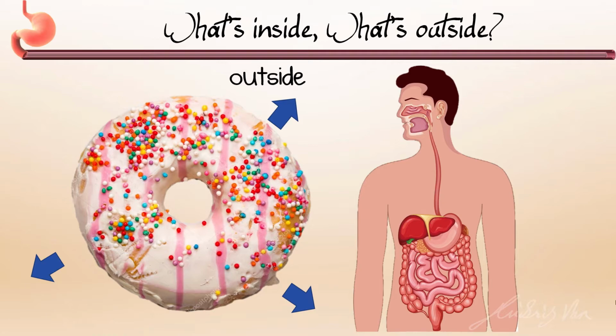The outside on the exterior surface, as well as the outside on the interior. So for the glands that secrete our digestive enzymes into the interior, we call them exocrine glands. So they secrete the enzyme outside of our body in this manner.